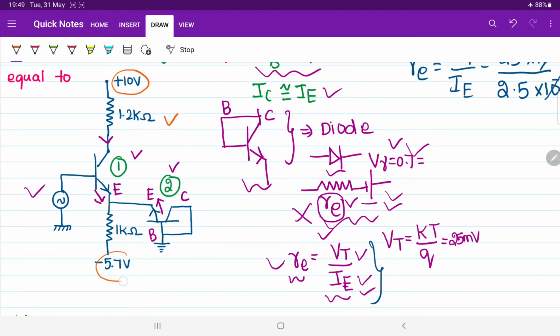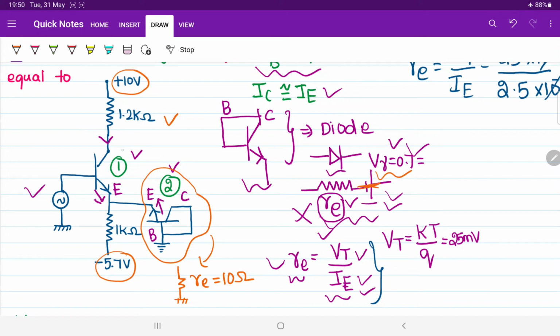See that this is DC, this is DC, it will be short circuited, and we know this entire circuit will be acting as a diode, I told you, and diode equivalent circuit also I have drawn, RE plus we have to consider cut-in voltage, but while doing AC analysis, this voltage will be short circuited. So this entire branch will be replaced by a single resistor. Of course that resistor value is RE, we have also calculated that value is 10 ohm. So replace it by single equivalent resistance RE, and that value is 10 ohm.